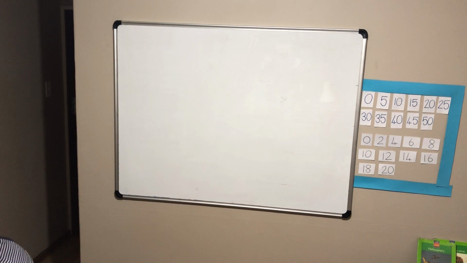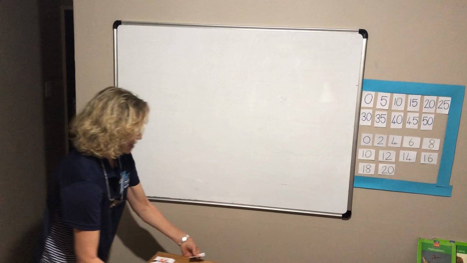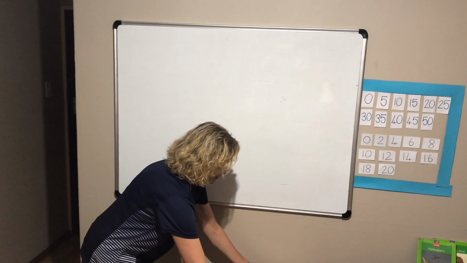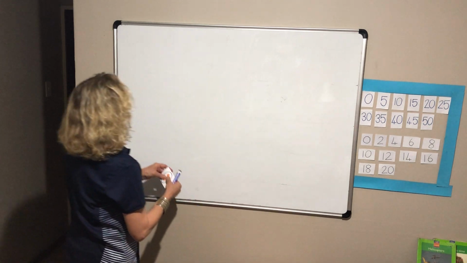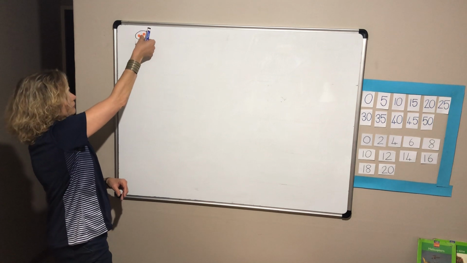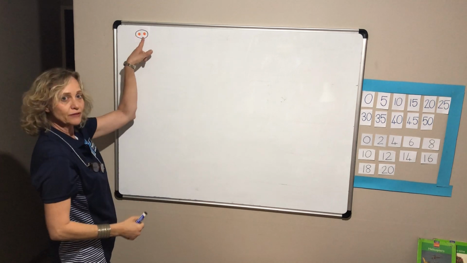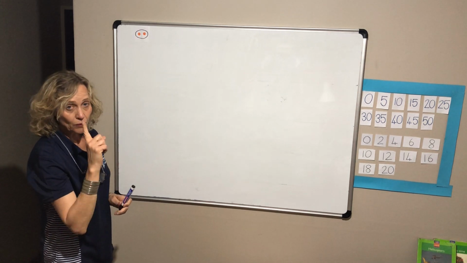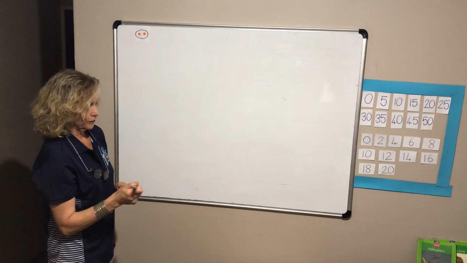I'm just going to put this little table closer here for us so that we can do this nicely. Good. So how many groups of 2 do you see there? 1 group of 2. Good.